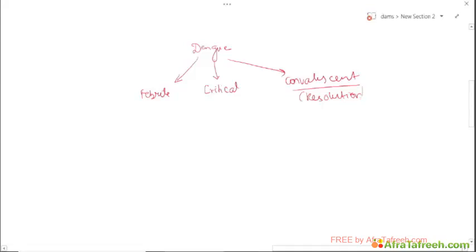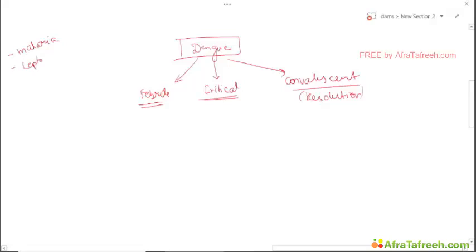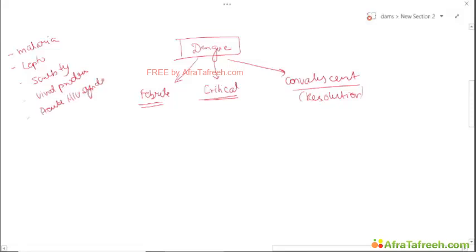Okay, so typically dengue starts as an acute febrile illness, which could be anything like malaria, an undifferentiated febrile illness like malaria, leptospira, scrub typhus, viral prodrome, and acute HIV syndrome, or anything else as well, right?